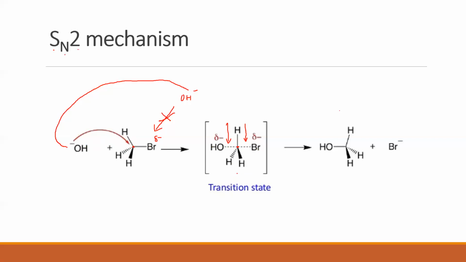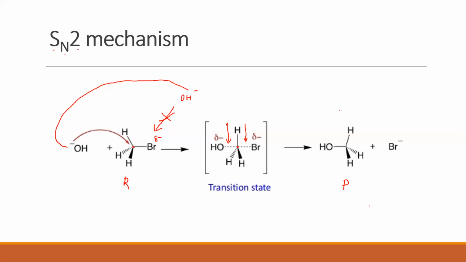Now when you observe the transition state, does it resemble both the reactant and the product? Observe. Now this is my reactant. This is my product. Clear? I want you to look at the reactant, the product, and the transition state.